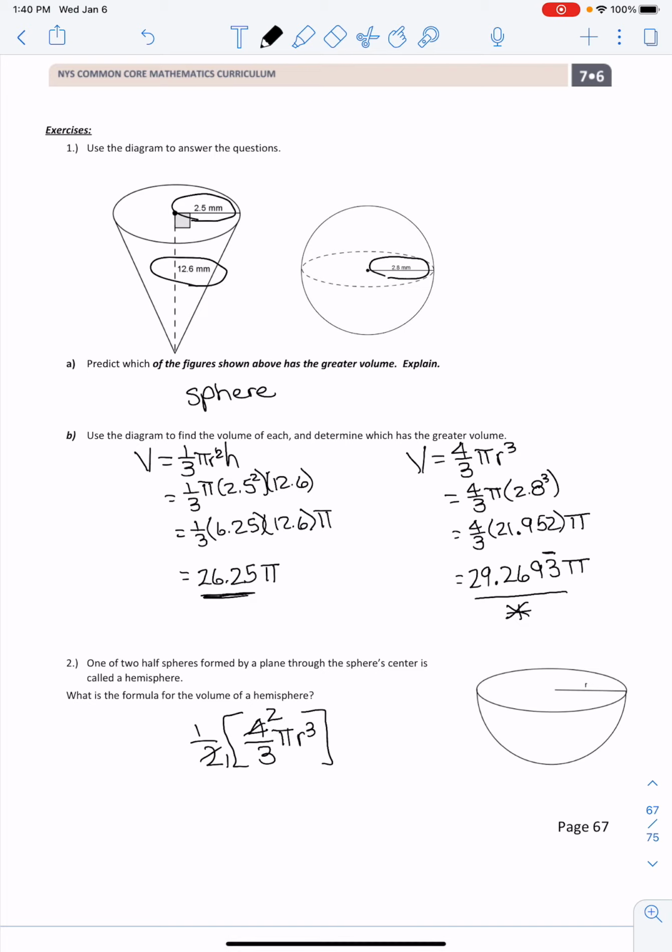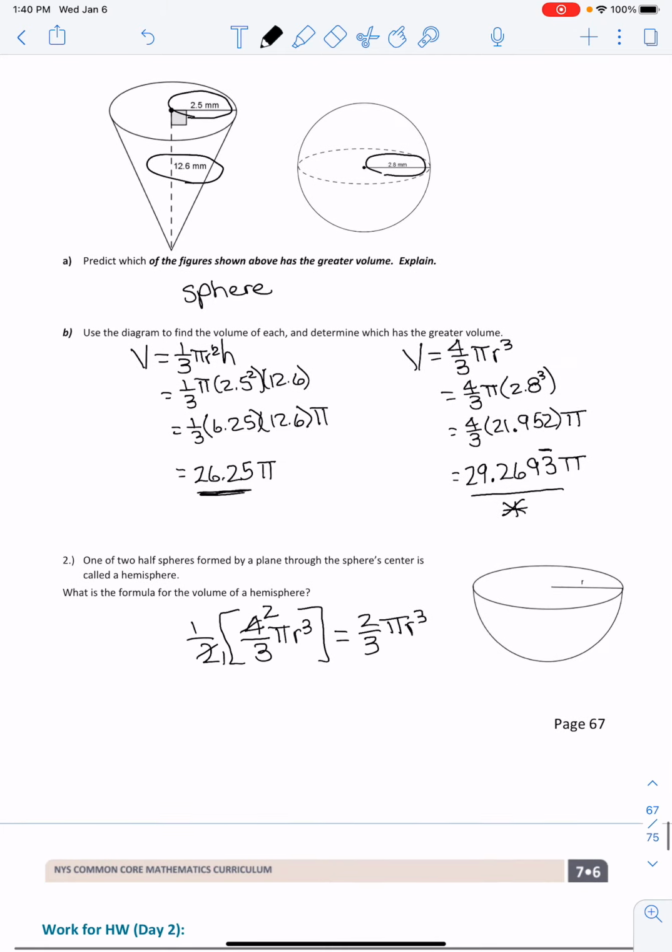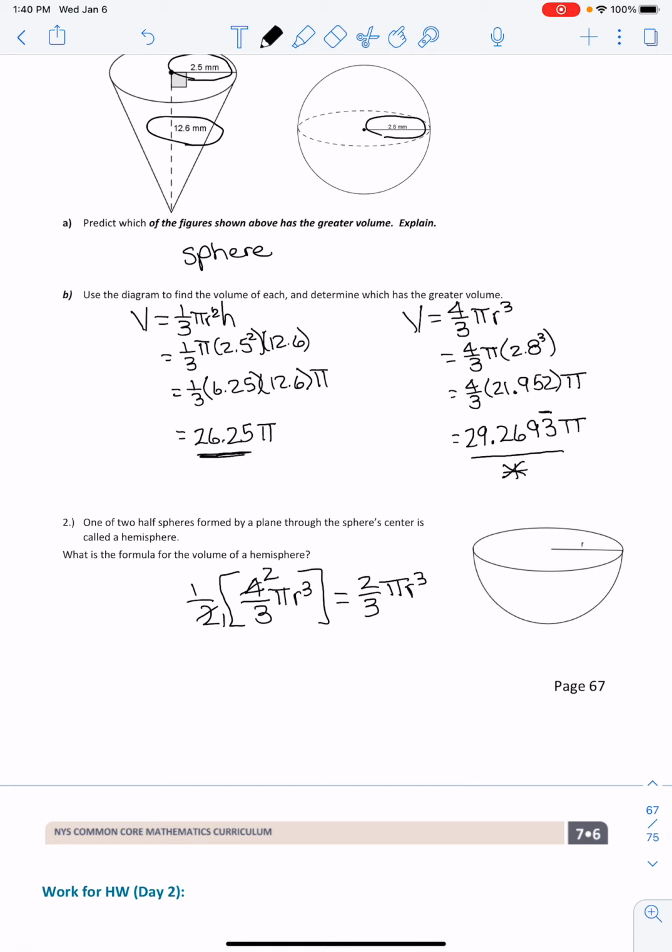When I do that, then my new formula is going to be 2/3 pi r cubed. That ends this lesson.